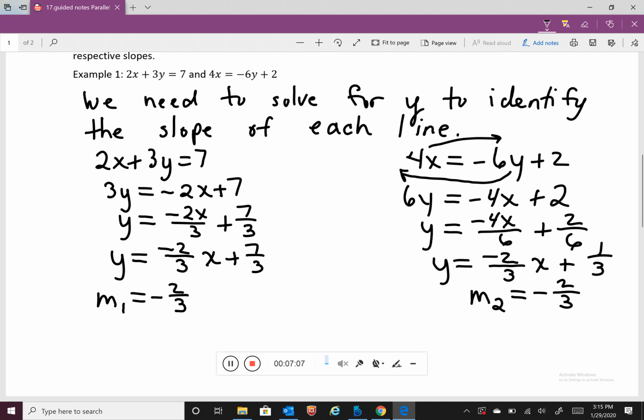Now, have you noticed that our slopes are the same? Whether we think about the original negative 4/6 or the simplified negative 2/3, it is equivalent to the first slope, negative 2/3. So these lines are parallel.